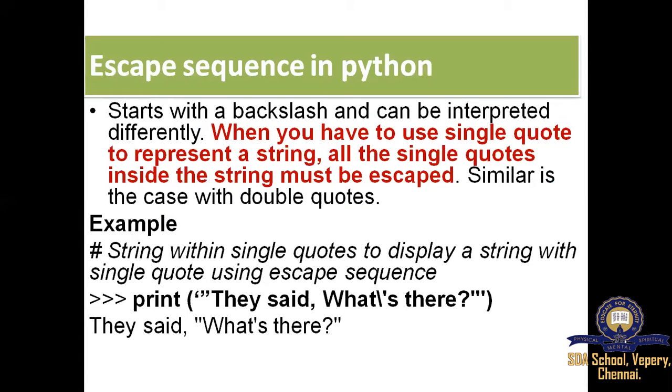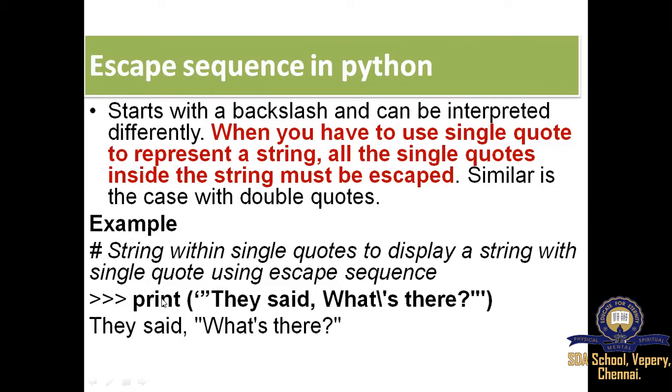The next one is escape sequence. You might have learned about escape sequences in your Dev C++. Escape sequences are special characters prefixed with a backslash. Especially in Python, they use escape sequences in strings. If your string contains any single quotes inside it, those single quotes must be escaped.